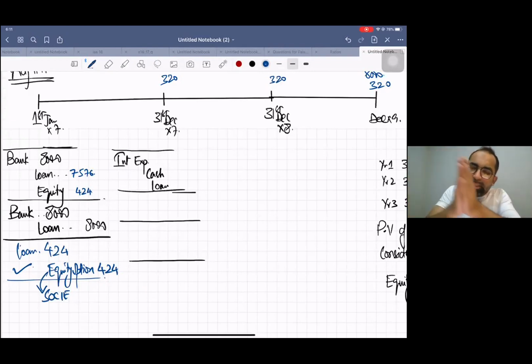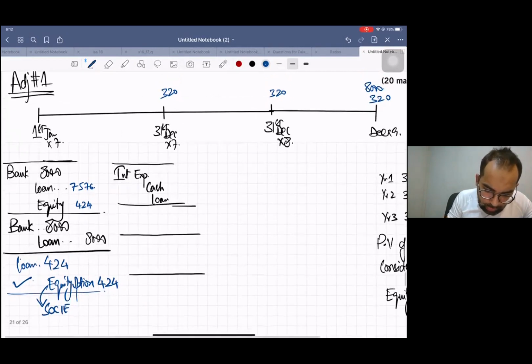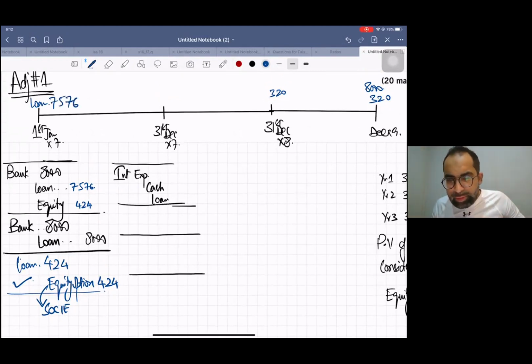So whenever you do discounting, you need to do unwinding, and with the same interest rate. The interest rate which is used for discounting, the same interest rate is to be used for unwinding as well. Okay, so let's do it. Your loan is 7576, and the interest rate used for discounting is 6%, I think.